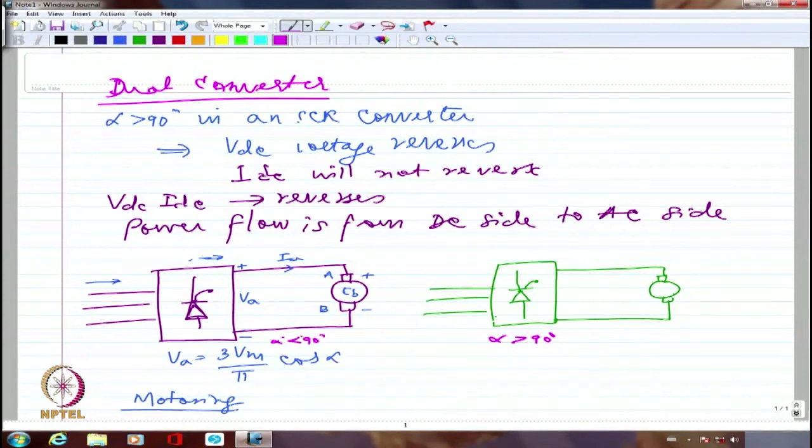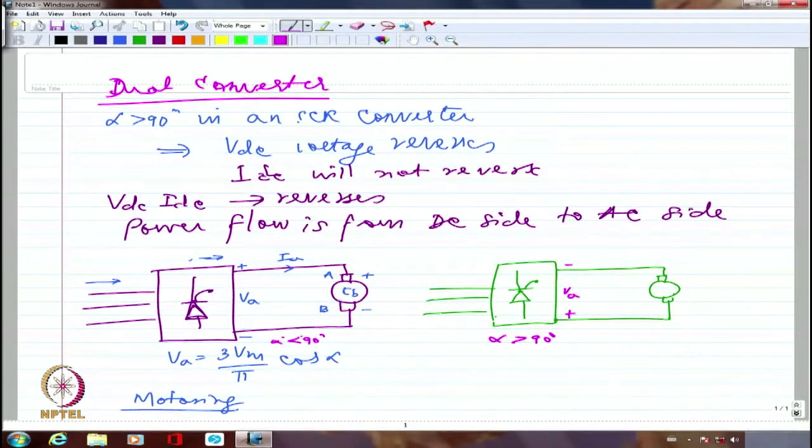When alpha was less than 90, I had plus here and minus here. When alpha is greater than 90, the same cos alpha becomes negative, because of which this will become plus and this will become minus. So, if I make alpha greater than 90, I will have plus here and minus here for the same VA.